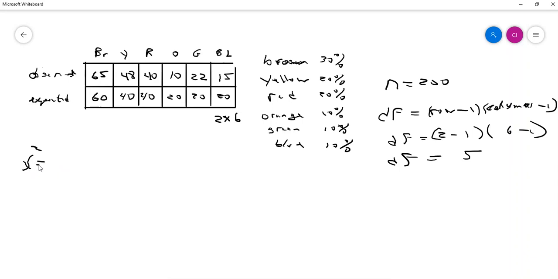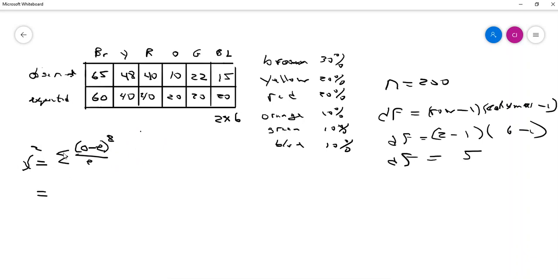This chi-square goodness of fit test is the sum of the observed minus the expected values, squared, divided by the expected. So what does that mean?